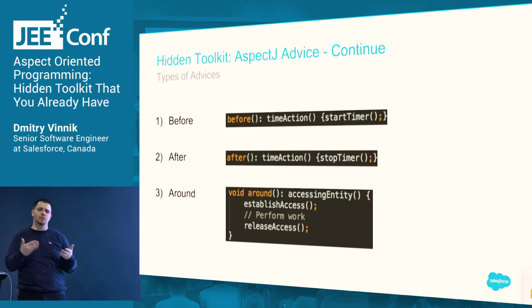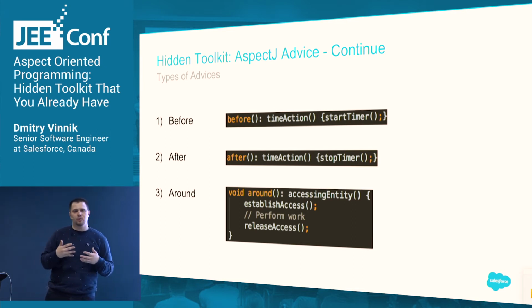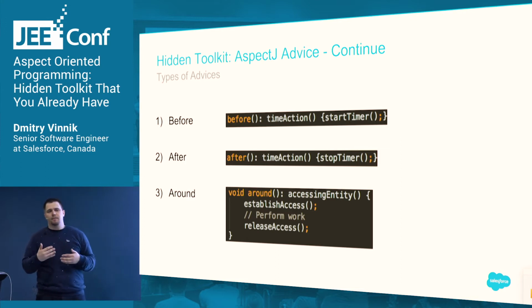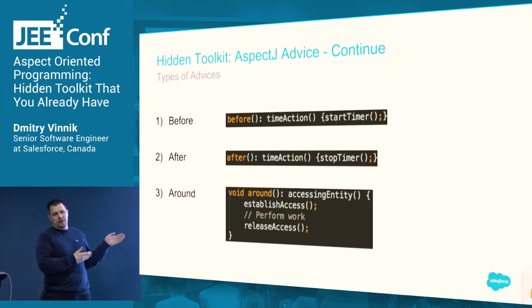Another type is much more complex, the around advice. Technically speaking, it's not actually advisable to use it as much. You know, use your judgment, but it's a bit overly complex and you can always just get away with using after and before. The idea of around is that it's a combination of the above.